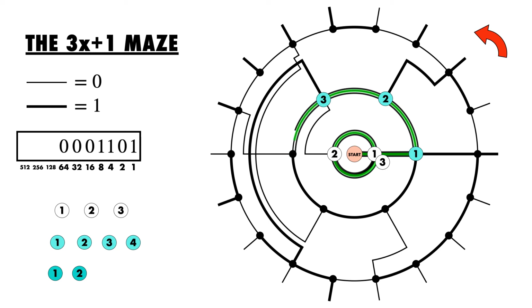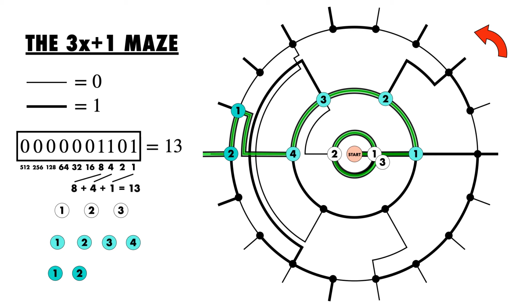So we visited 3 in the first circle, now 4 in the second, thin line, so 0, thin line, so another 0, leaving after 2 nodes in the third circle, thin line, another 0. So many zeros this time, and the 1s add up to 8 plus 4 plus 1 is 13. So here we have the number 13.